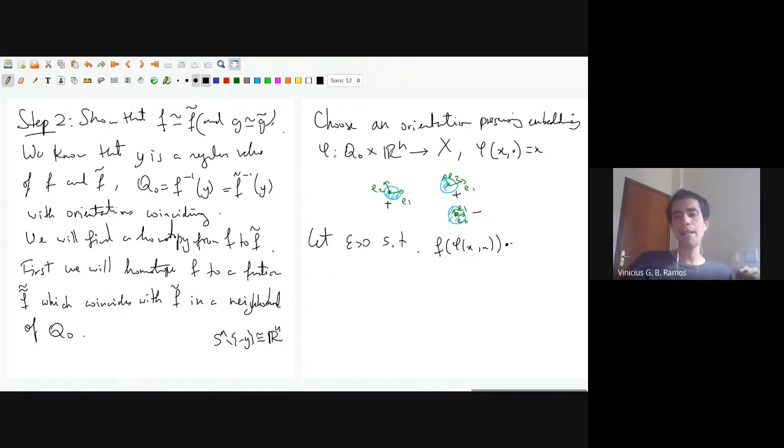So if I am in a neighborhood of Q0, then I'm far enough from negative y. So I can just think of f and f tilde as taking values in Rn.